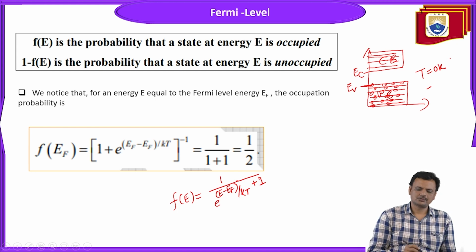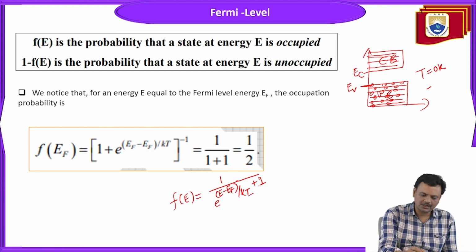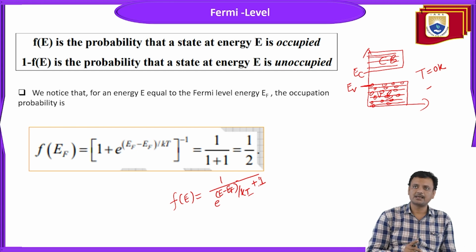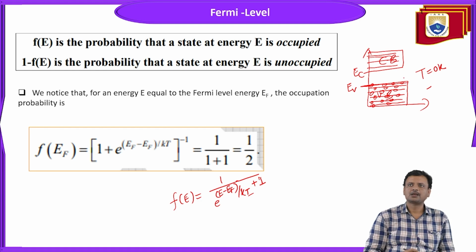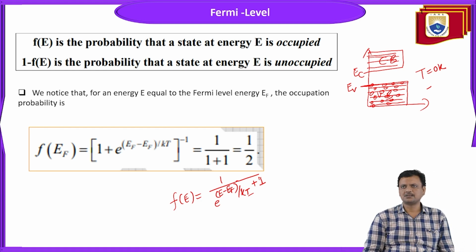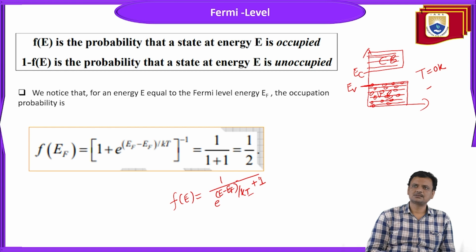Okay. So now put T equal to 0 Kelvin, but remember in this case, EF will be that energy level where the chance of occupancy is 50-50.